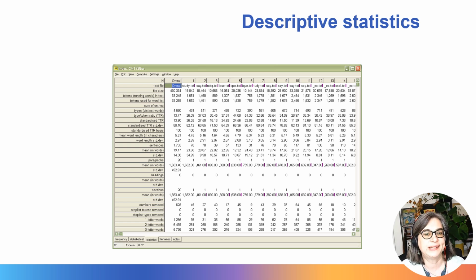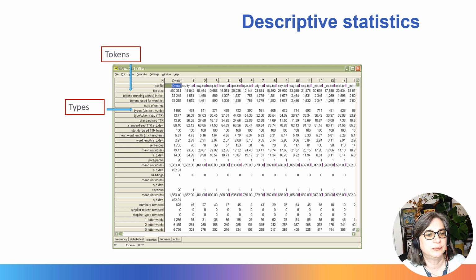What can this tell you? First of all, it tells you the tokens or number of words. And if you look at the top, you can see overall. So that's in the whole corpus. Then you can see in text 1, text 2, text 3, etc. So you can see that the number of tokens, we've got 33,000 words overall. So quite small.